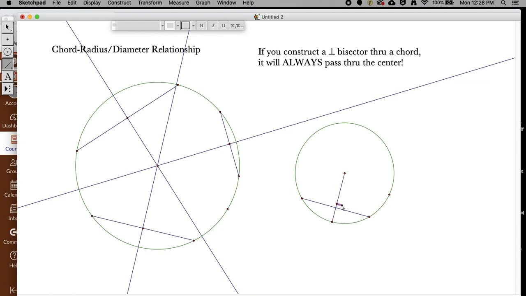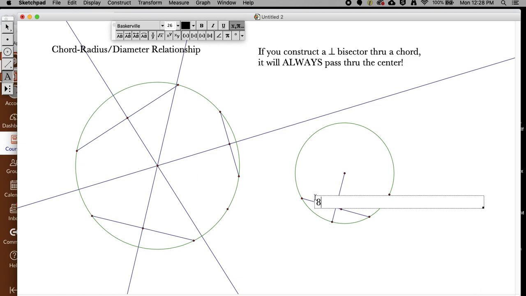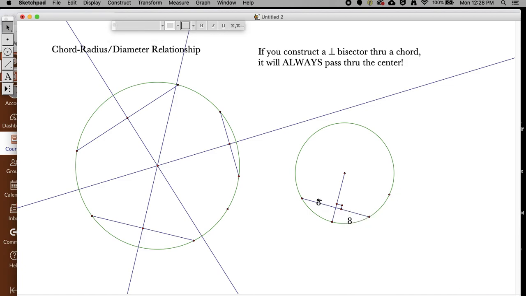Not only that, but we can make this segment 8 and make that segment 8, so this little piece is congruent like that. And now what's cool is that you can draw in your radius, and now we've got ourselves right triangles, and here comes the Pythagorean theorem and trigonometry, as we all say.